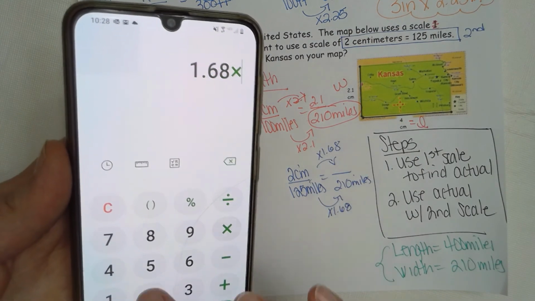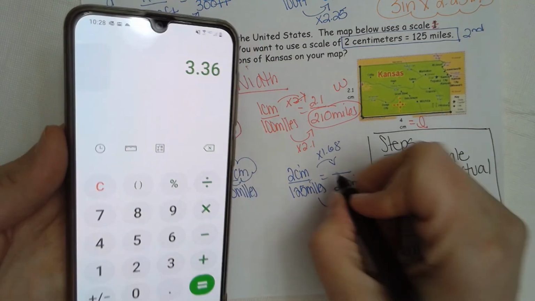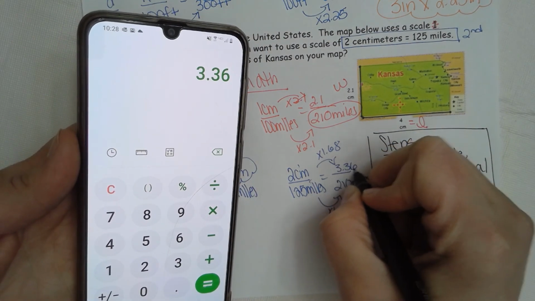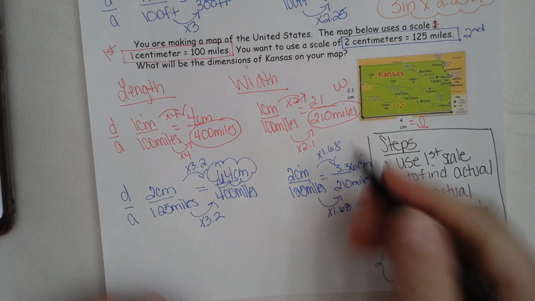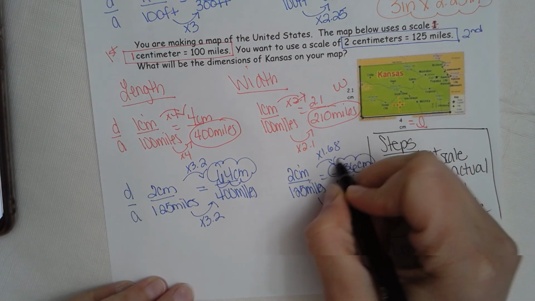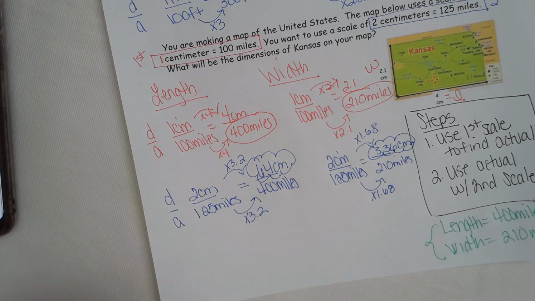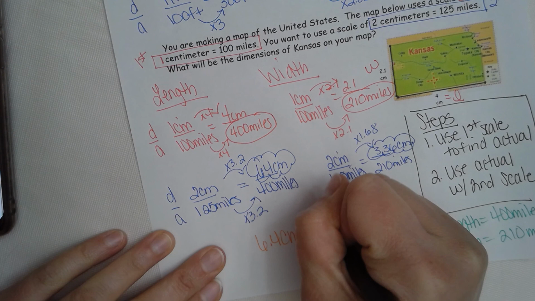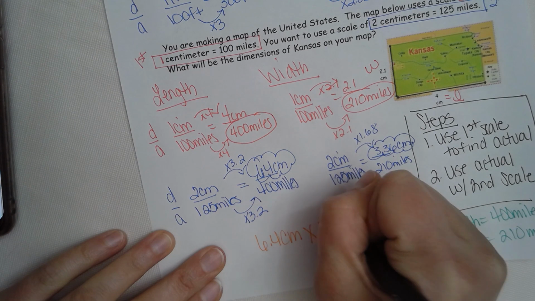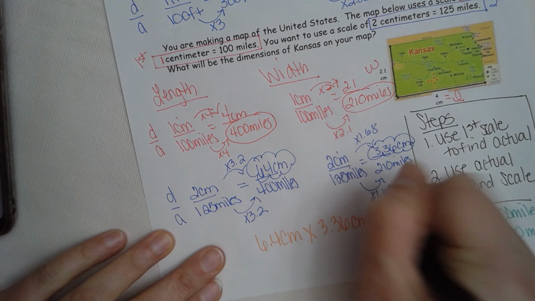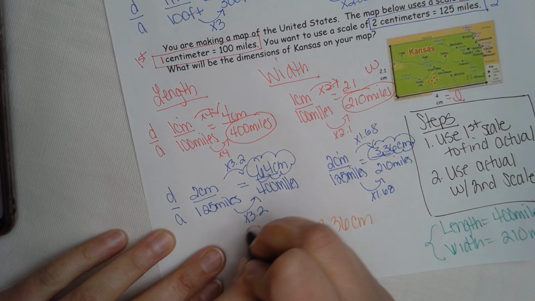So I'm going to times that by 2, and I'm going to get 3.36 centimeters. Okay, and that's going to give us our new dimension. So at the end of the day, our new dimensions are going to be 6.4 centimeters by 3.36 centimeters.